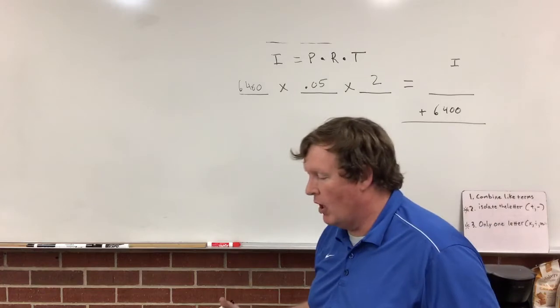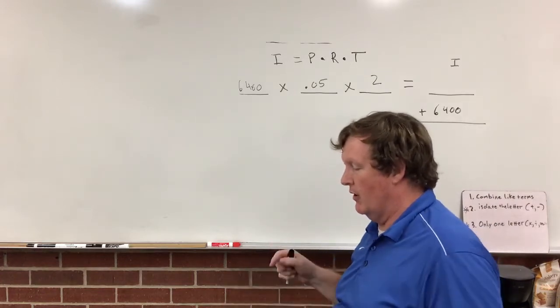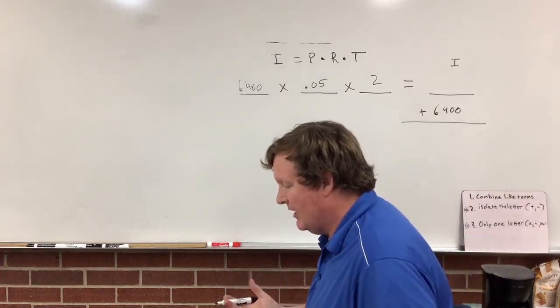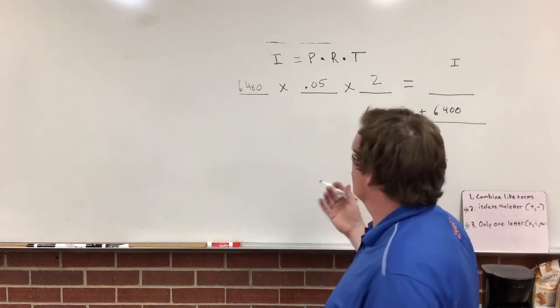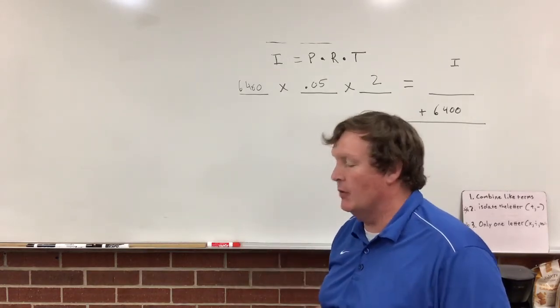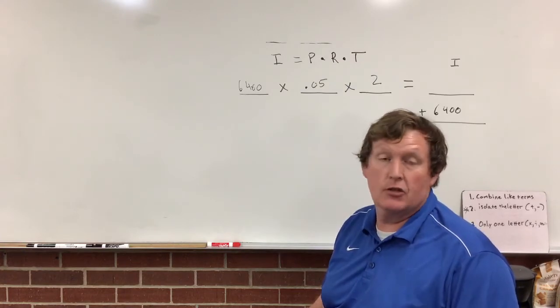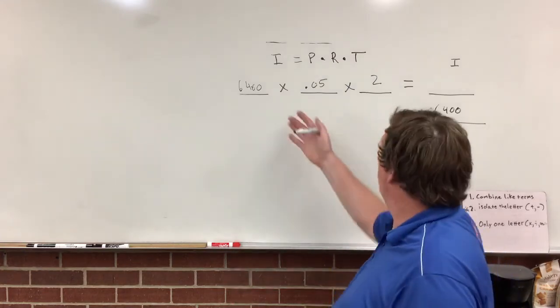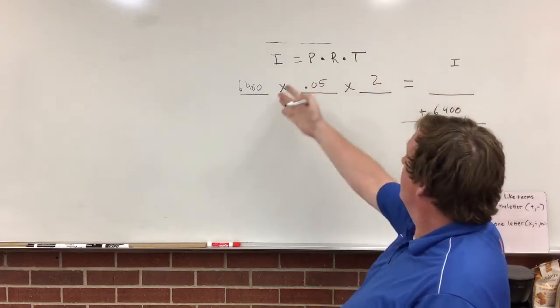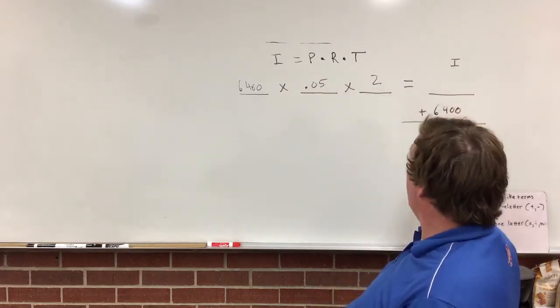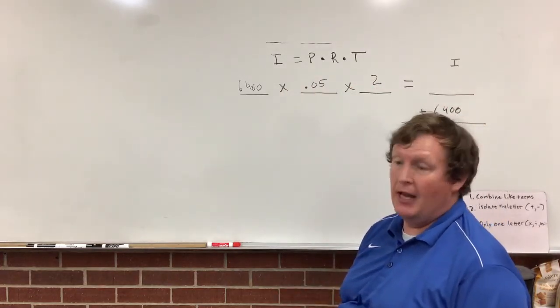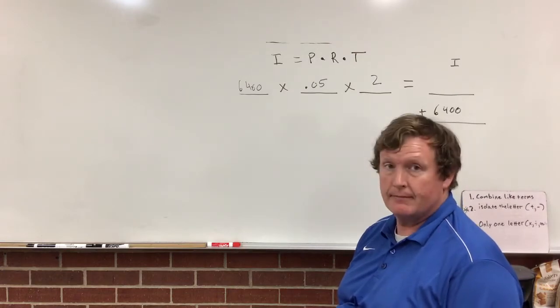Okay, we're going to walk through this. I'm actually going to do this one with you. Well, this one's easy. This one was only compounded annually, which means every year. Annual means once a year. So this one's pretty simple. You just multiply all 3 of these, and then add 6,400 to it, and that would give you your answer.